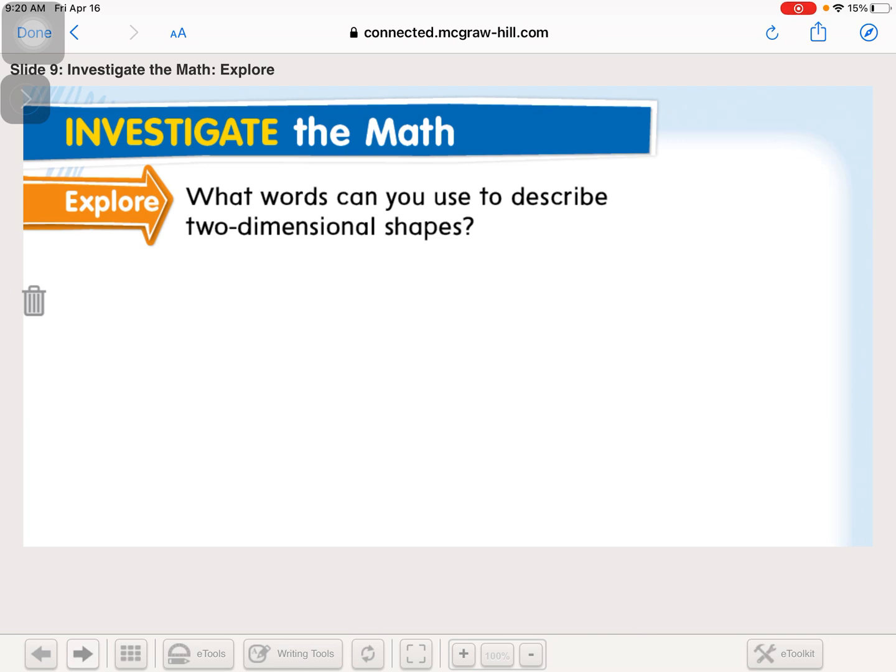There are a lot of these that you've probably learned about before: circle, triangle, square, rectangle, pentagon, hexagon. None of them have depth. They only have height and width. So we're going to look at a few of those today.